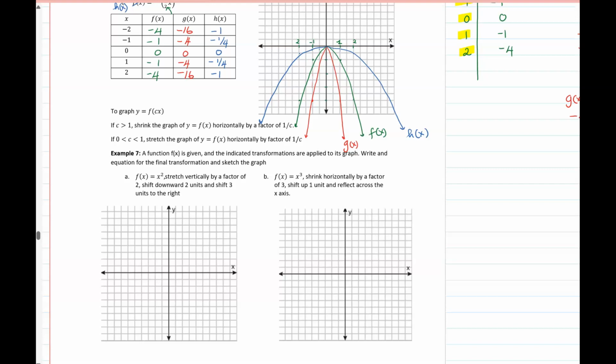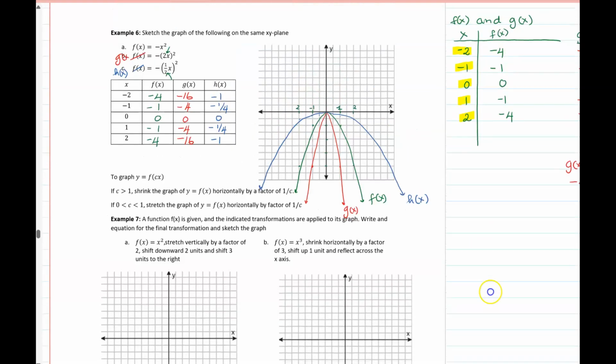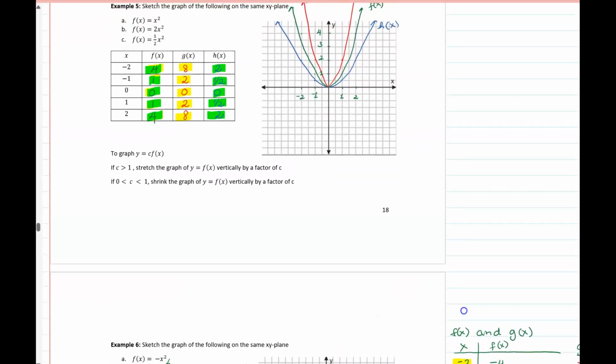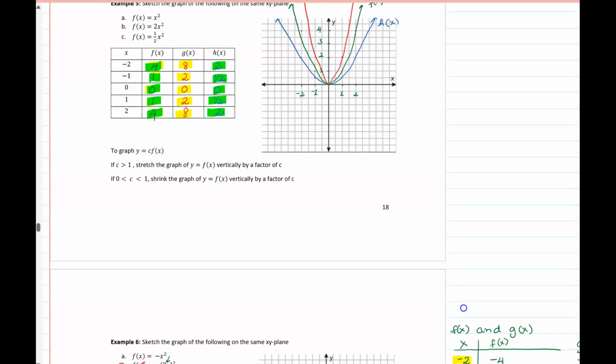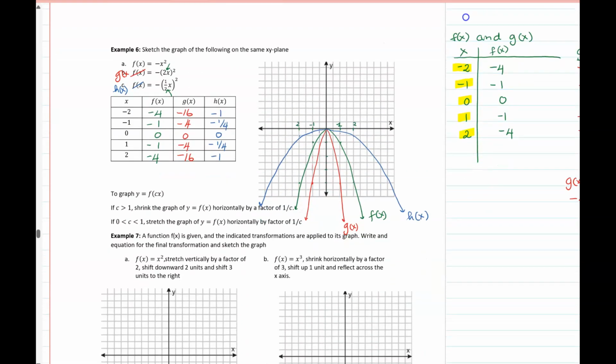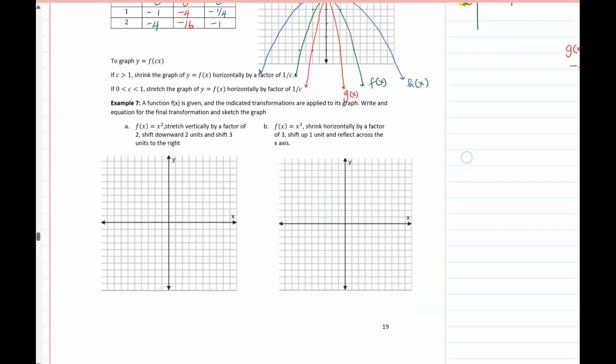So if we stretch vertically by a factor of 2, that means we multiply vertically by a factor of 2, and we multiply a constant into the function. Here we start with f of x equals x squared.